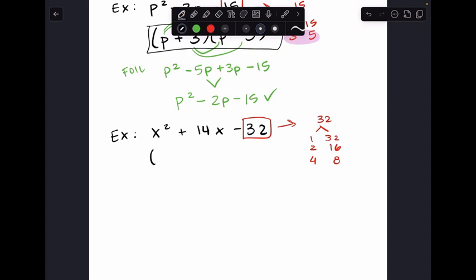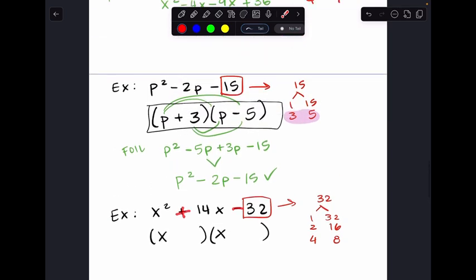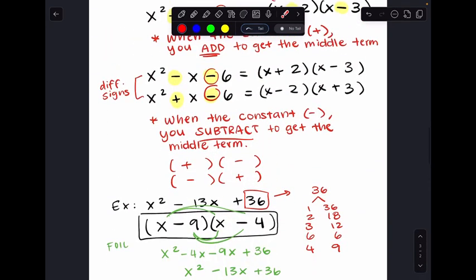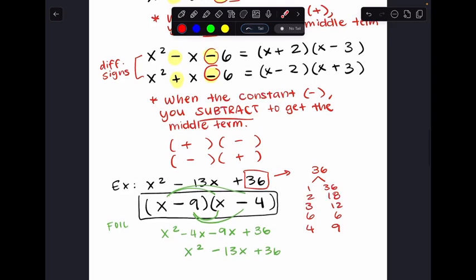So again, setting up your pairs of parentheses, x times x. All right, so before you can even move forward, this is a minus. So we have a plus and a minus. If you go back to your little cheat sheet for the signs, if I have a plus and a minus, I'm going to have two different signs.